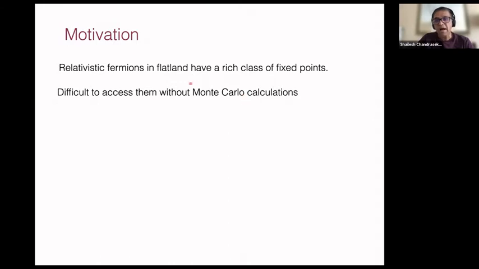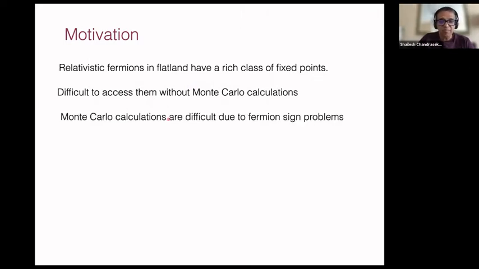And we do have Monte Carlo methods, at least for a class of these problems, but they are very difficult to access. And the difficulty comes from 2 parts. One is, of course, the fermion sign, because whatever model you write down, perhaps it has a sign problem and it's very hard to calculate.